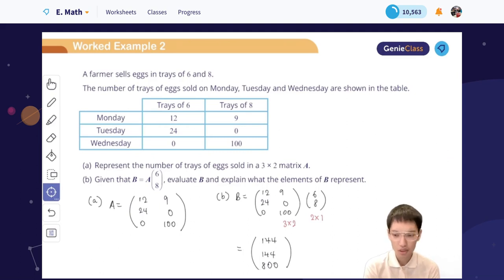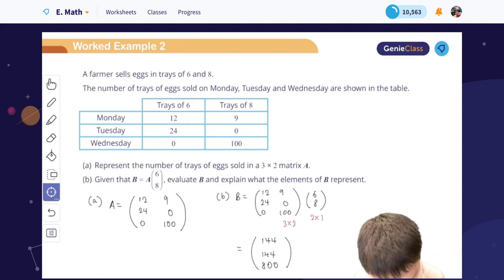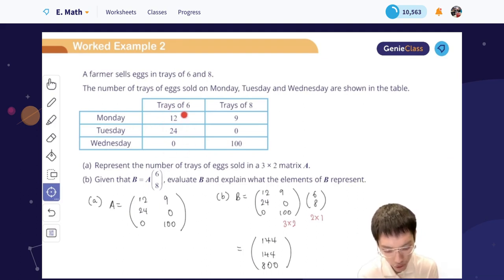All right. Fiona has given me an answer, but it's not really the total number of trays. Take note. The trays over here represent the number of trays sold. But take note, this is the number of trays, and this is the number of eggs per tray.